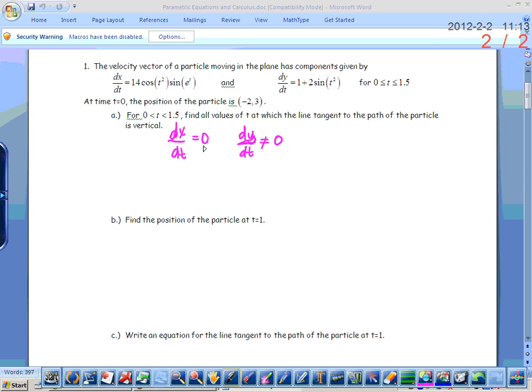So go to your y equals and type in dx/dt, which is 14 cosine x squared times sine of e to the x.